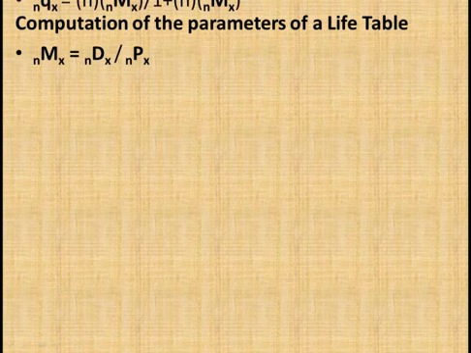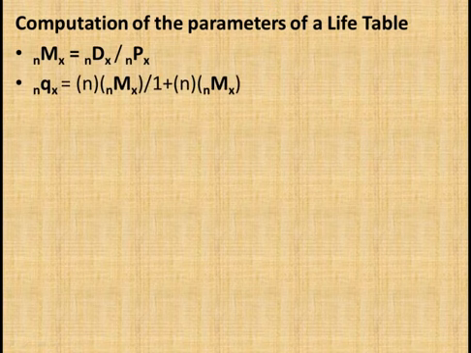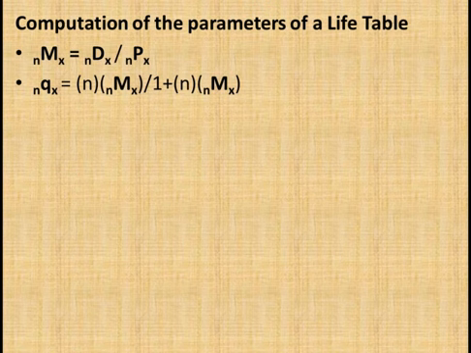And then we have the probability, the proportion alive at the beginning of age x, or the probability of dying. So here's the probability of dying given by that formula.